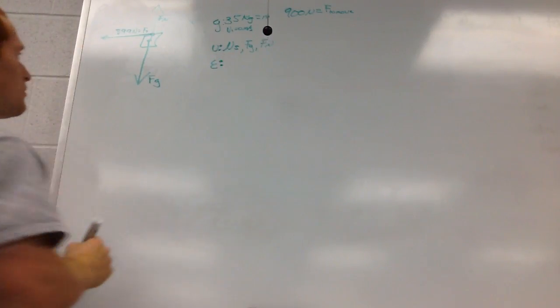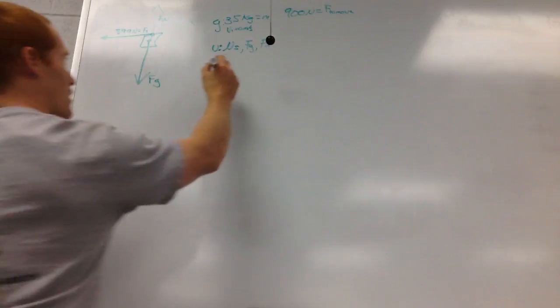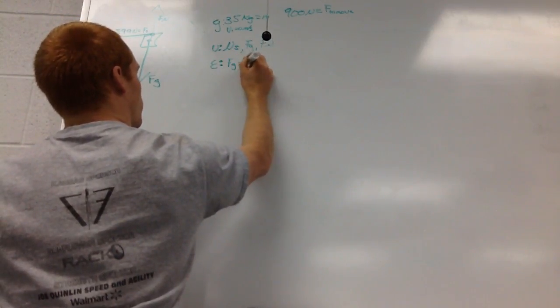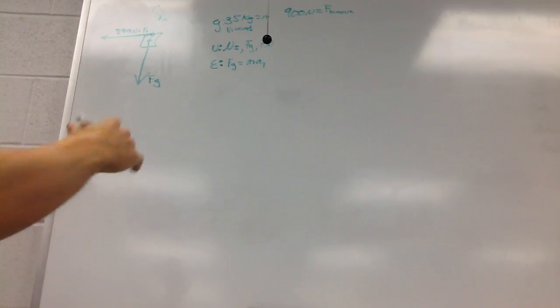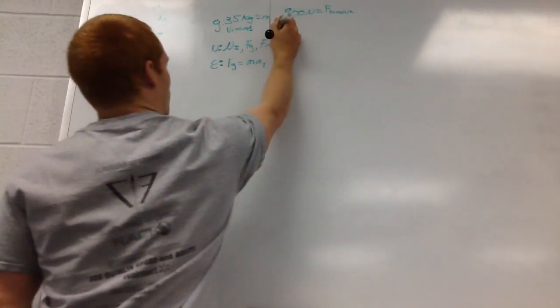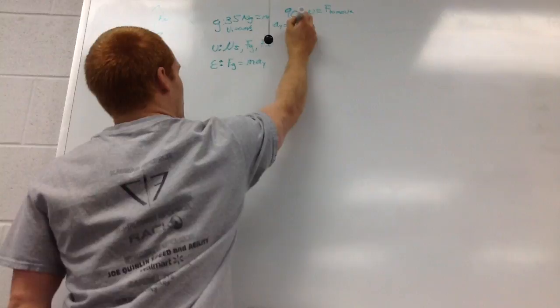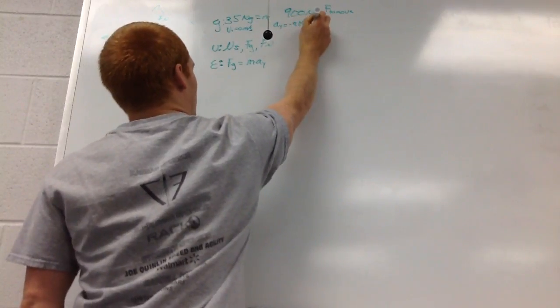So our equation for Fg is Fg equals the mass times the acceleration in the y direction. Notice gravity is going to be accelerating it, so one of our givens, AY, is negative 9.81 meters per second squared.